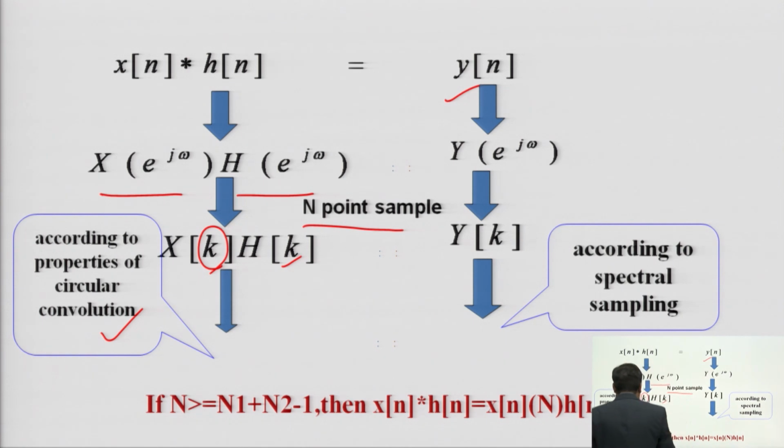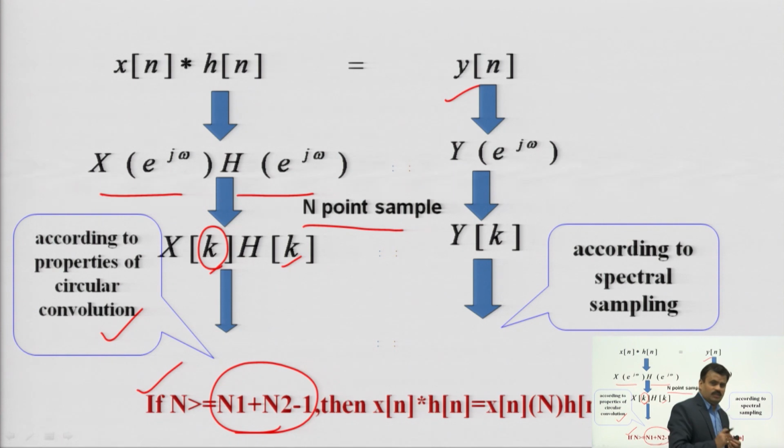This is the sufficient condition that you have to take care of. You have to remember that your length will always be at minimum N1 plus N2 minus 1. N1 is the length of the first sequence, like for x(n), and N2 is the length of the second sequence, like for h(n).